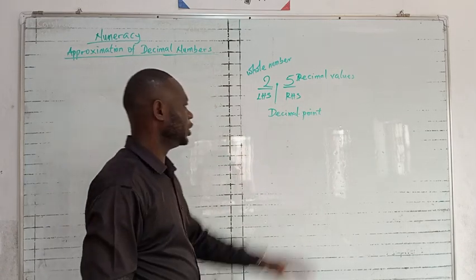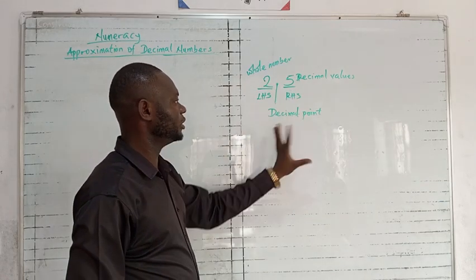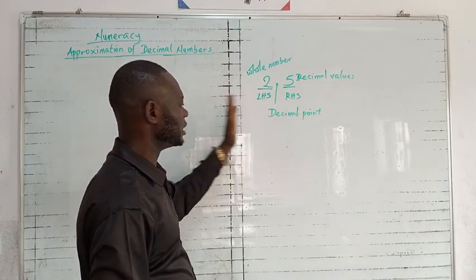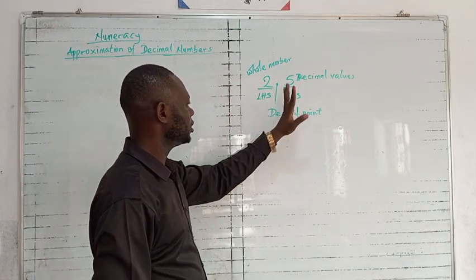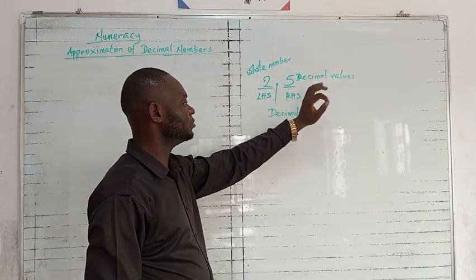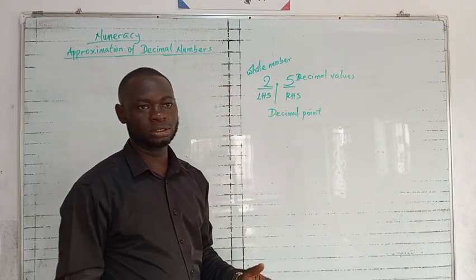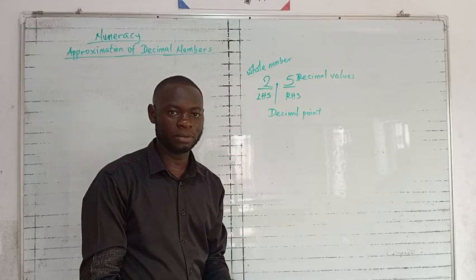Okay? Now, these are the different parts of the decimal number: the decimal point, the whole number part, which are the numbers at the left-hand side, and the right-hand side, which contains the decimal values.